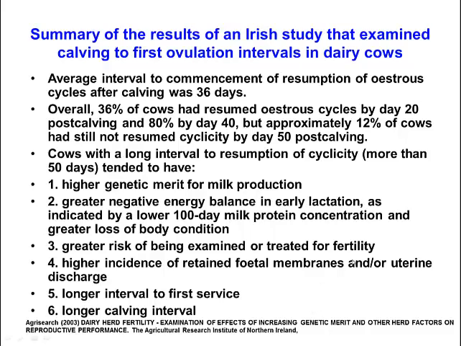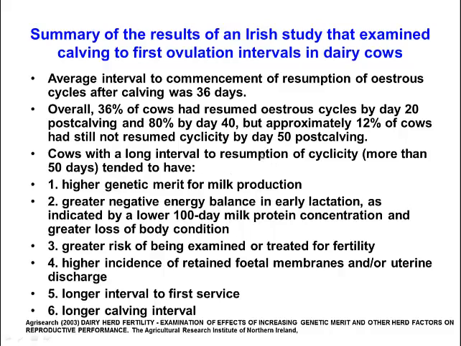About 36% had resumed estrus cycles by day 20 post-calving and 80% by day 40, so most cows within 5 or 6 weeks are starting to ovulate. But there was a group of cows, approximately 12% of cows, that still had not resumed cyclicity by 50 days post-calving. So these are the cows that are more likely to be culled. Less of these cows will get pregnant compared to the ones that start cycling earlier. So these become problem cows.